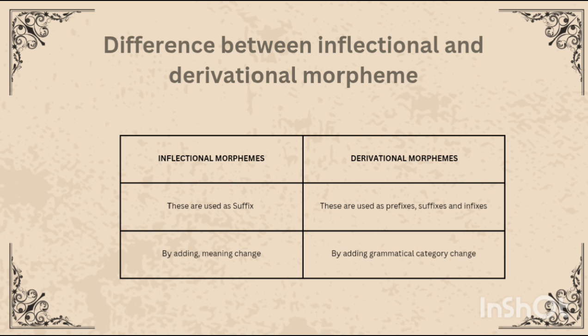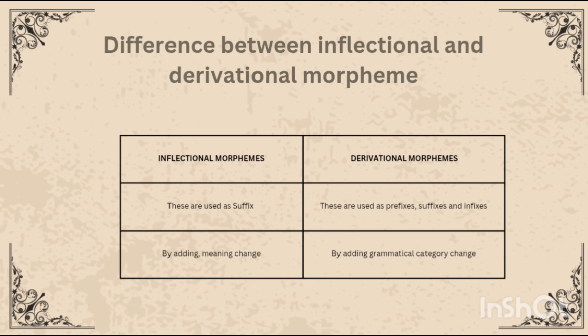So see, inflectional morphemes and derivational morphemes. Inflections are used only as a suffix, but derivational morphemes can be used as prefixes, suffixes, and infixes. Infix means a derivational morpheme that comes between the word.